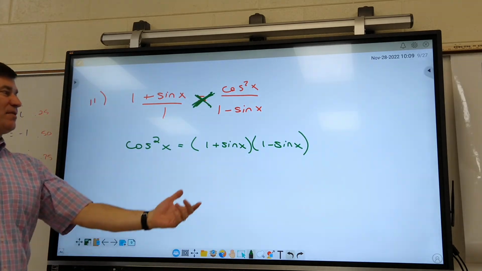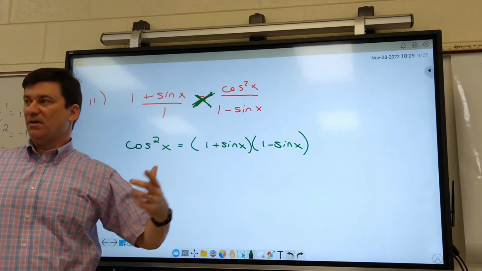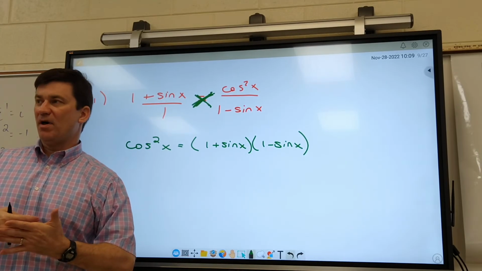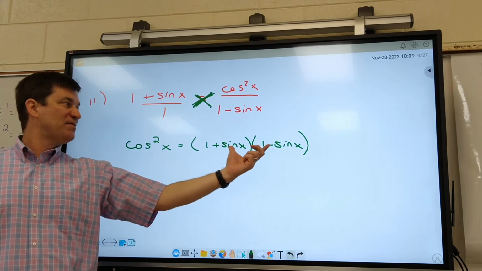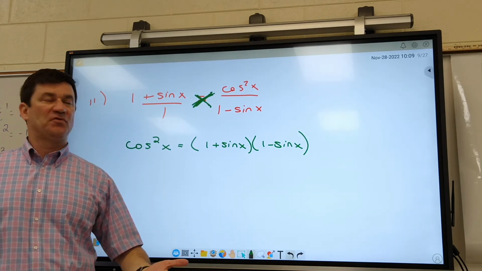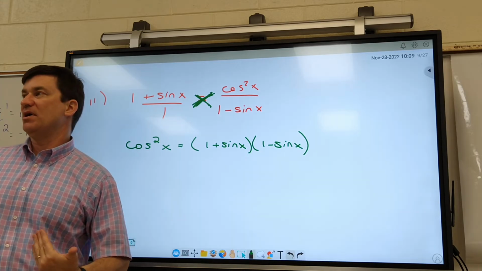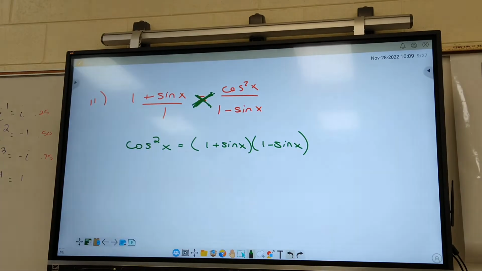Now, I've got to multiply these two together. That is just doing the FOIL method. After y'all do it for a couple days, you're going to be able to look at that and know, okay, that's 1 minus sine squared. But we're going to FOIL it out for the first time.